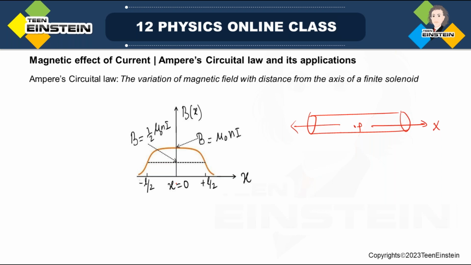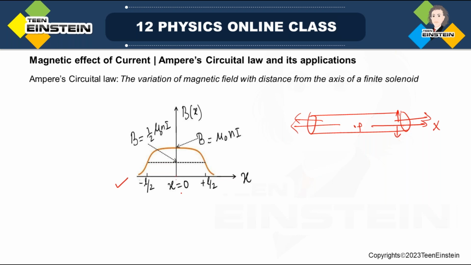The magnetic field just on the axis will be maximum, and on either side it will decrease. This is the kind of graph we'll see.